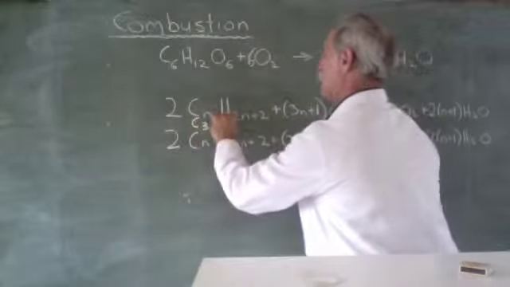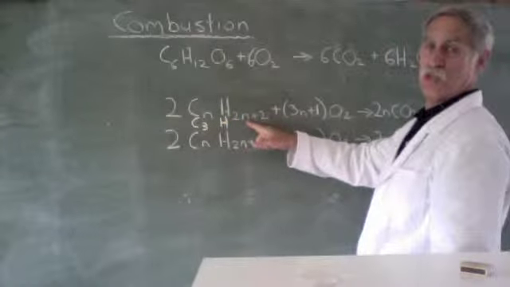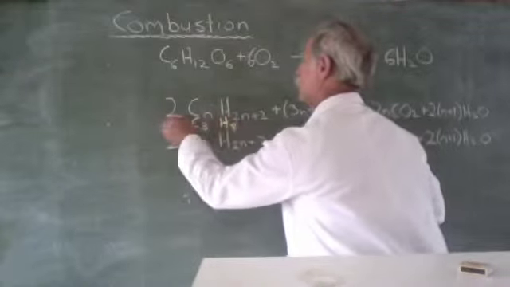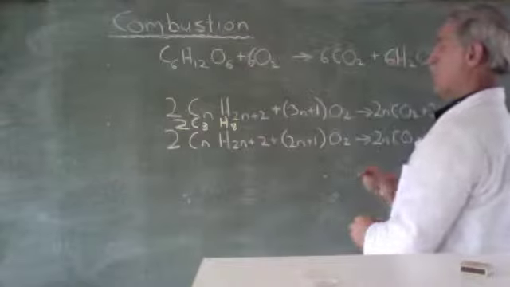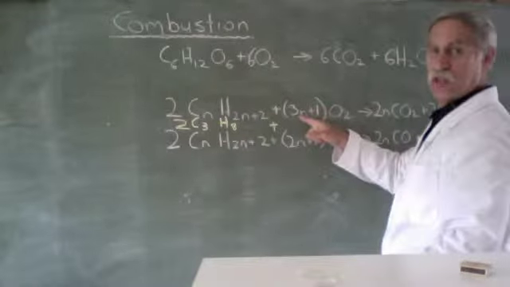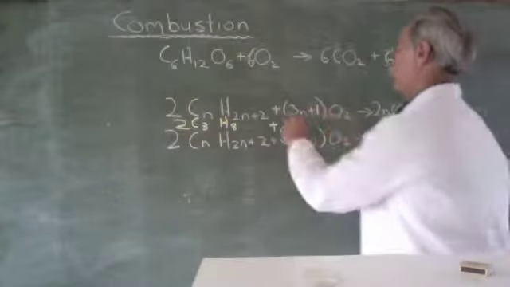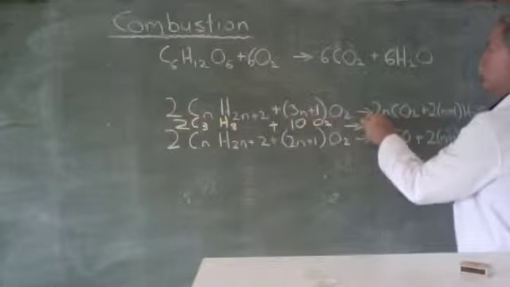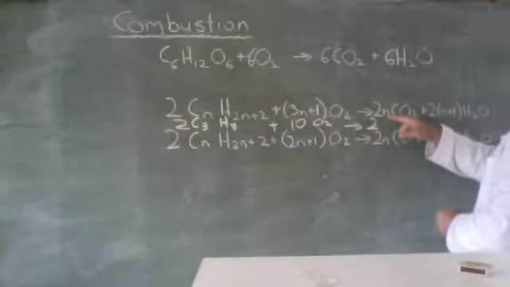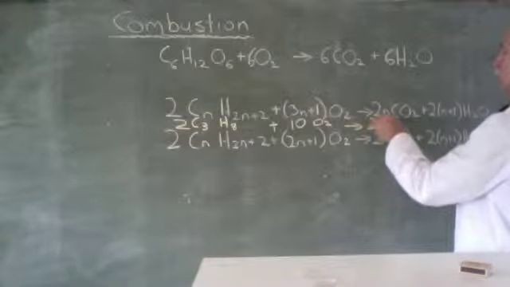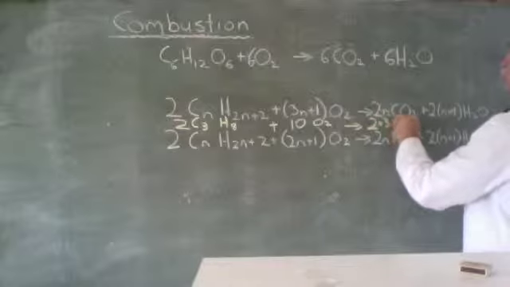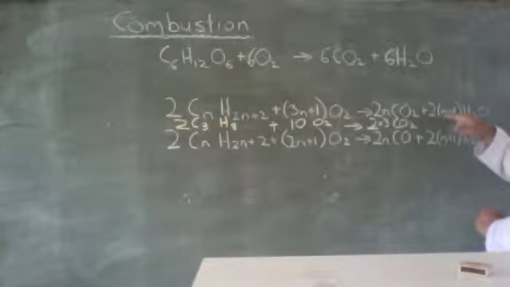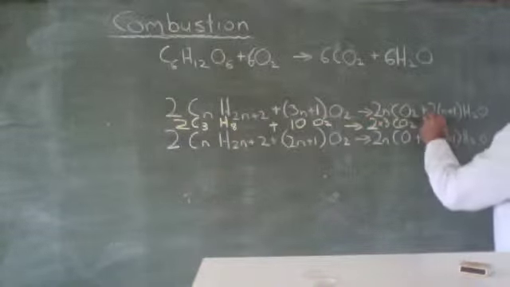C3H(2 times 3 plus 2, 2 3s are 6, 7, 8) H8, so that would be 2 of those, plus propane, still 3 carbons, 3 3s are 9 plus 1, 10 oxygens, goes to form 2 times 3, which is 6 CO2, plus 2n plus 1, so that is 3 plus 1 is 4, times 2 is 8 water molecules.